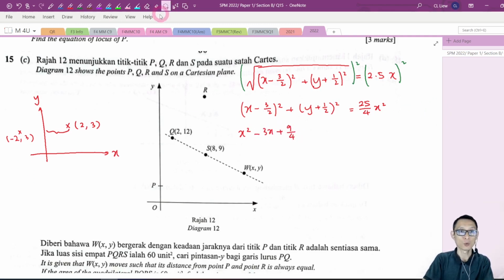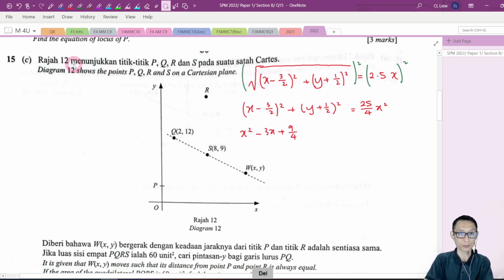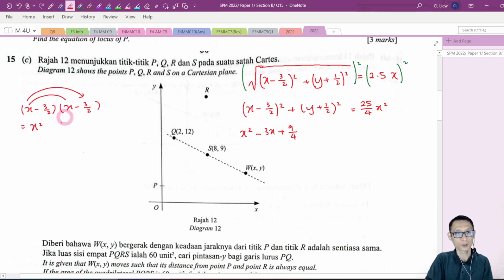If you cannot do the expansion this way, you can just expand it one by one. X times x, x squared, times this one, negative 3 over 2x, negative 3 over 2x, positive 9 over 4.